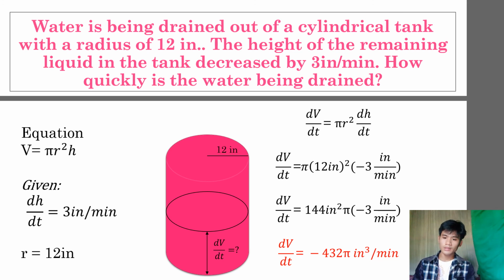So we have the rate of change of the volume of the water with respect to time decreasing at 432 pi cubic inches per minute. So the water is being drained from the cylindrical tank with a radius of 12 inches at negative 432 pi cubic inches per minute.